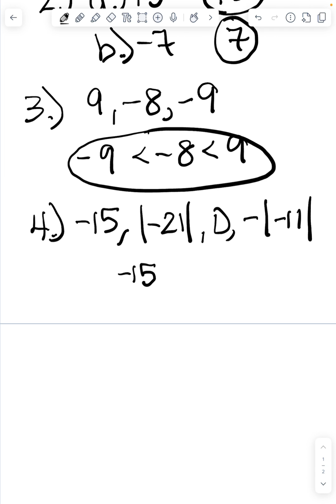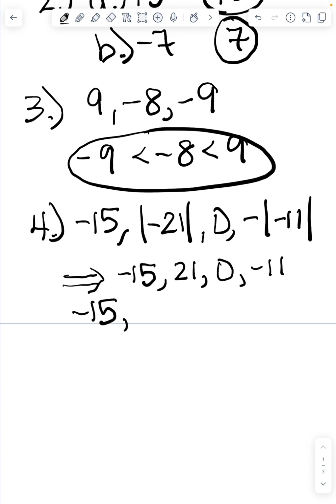So -15, the absolute value of -21 is +21. Then we've got our 0. And then we have the opposite of the absolute value of -11, which is going to be -11. So these I'm just doing for my side work, but my answer should have the original numbers, which means my least is -15.